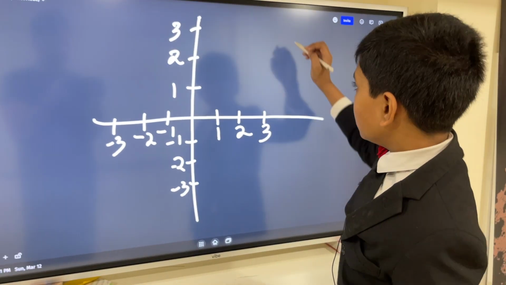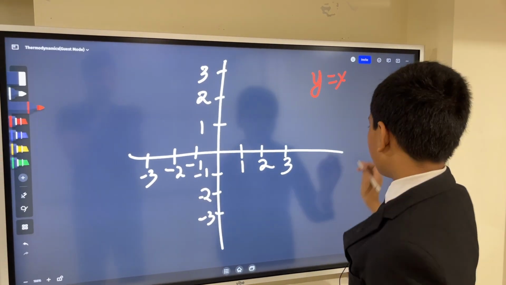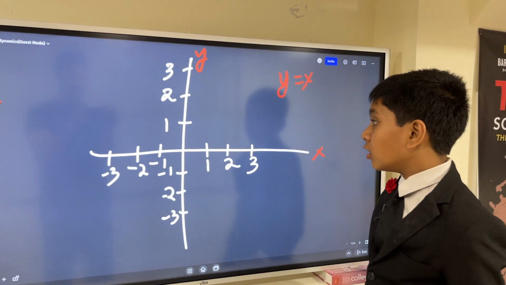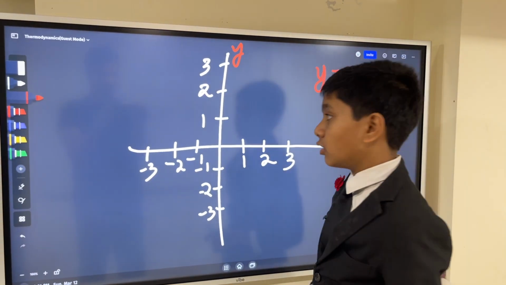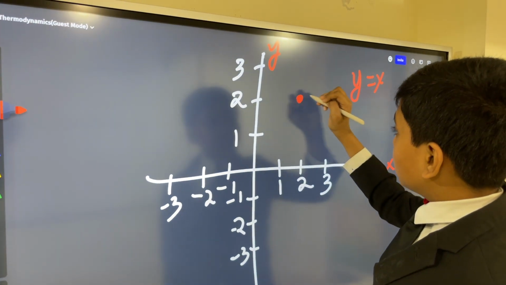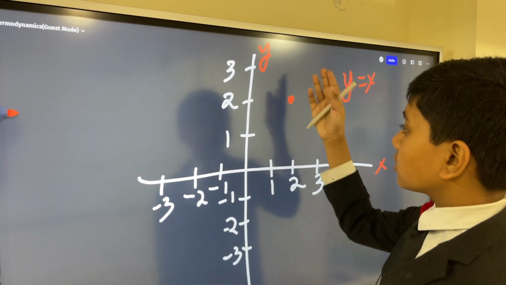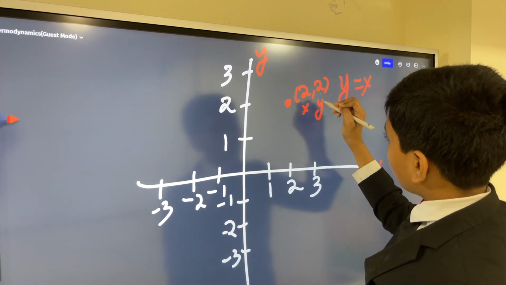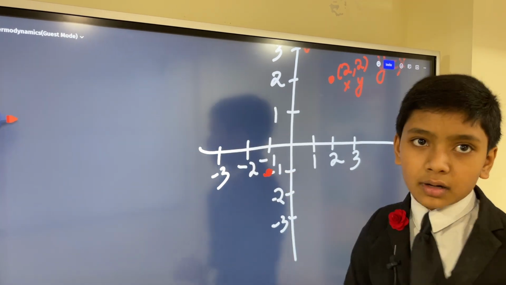For example, the function y equals x would have all points having their y equal to their x. A point on the function y equals x would be 2, 2, which has the same x as y. X and y are the same. They're both 2. Another point would be -1, -1.